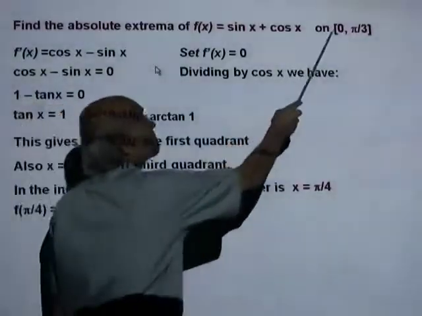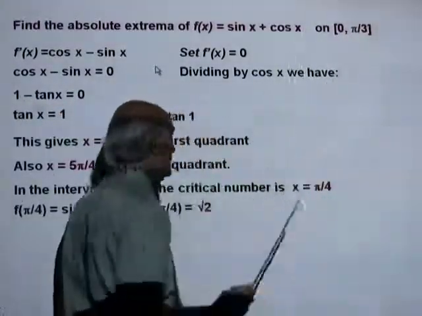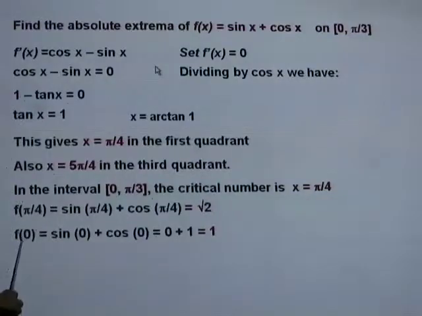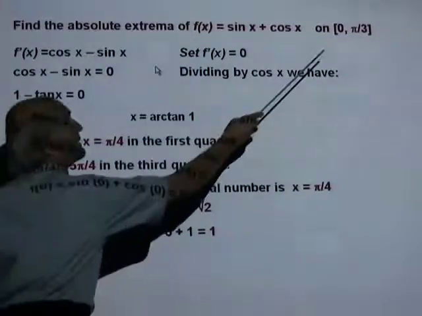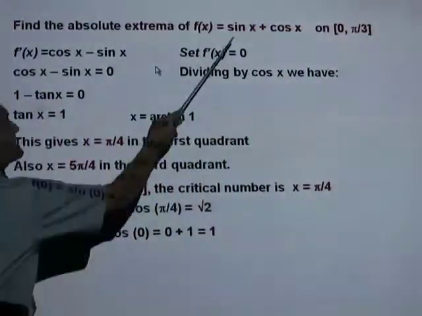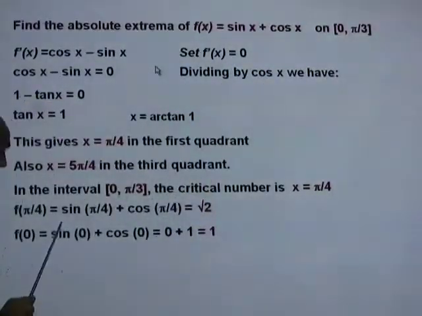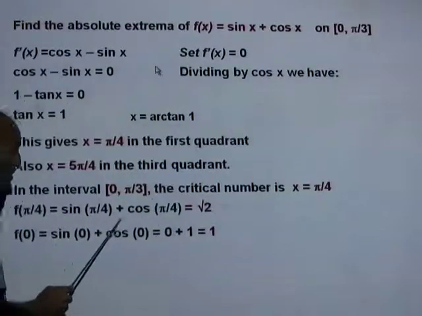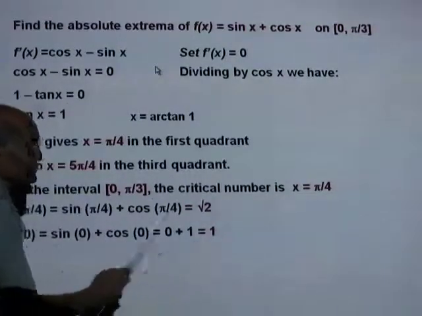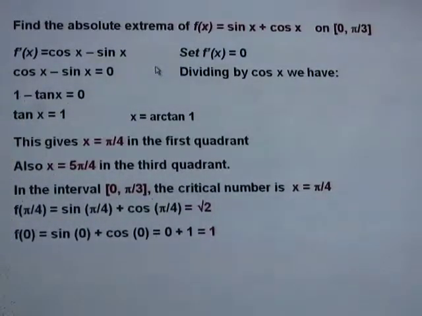We need to find the values also at the end points. F of 0 is sine of 0 plus cos of 0. Sine of 0 is 0, cos of 0 is 1. So sine of 0 plus cos of 0 is 1.